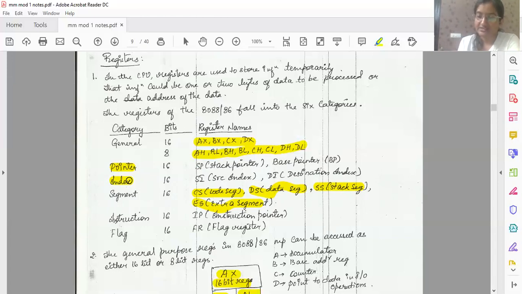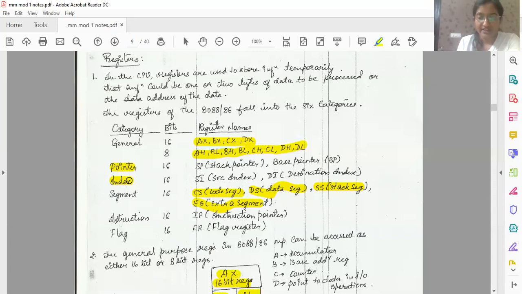The BP register is usually used for based, based indexed, or register indirect addressing. These are all different addressing modes, and all these addressing modes will be studied again in detail.